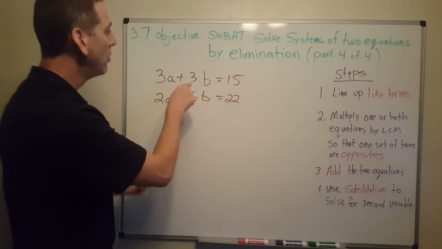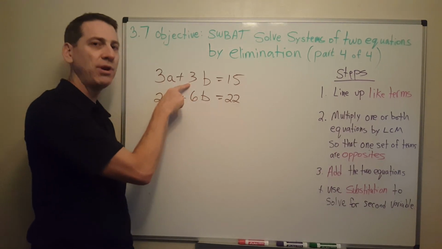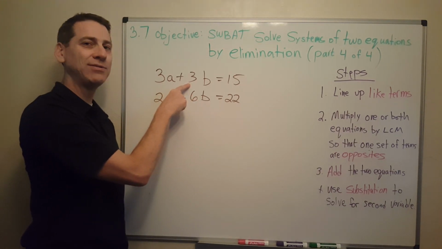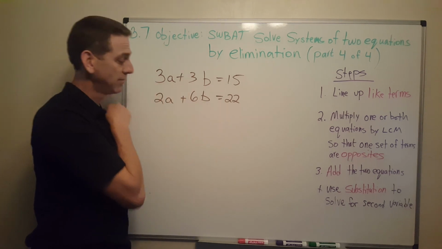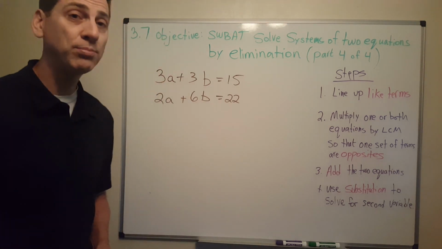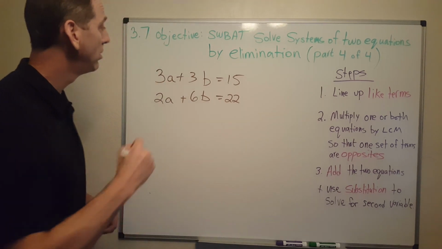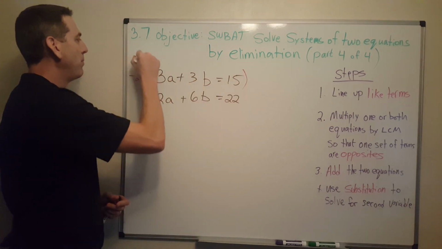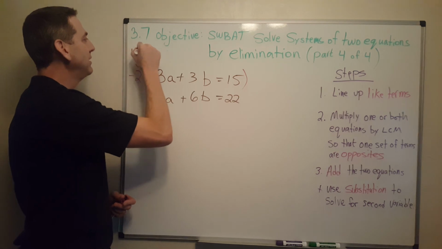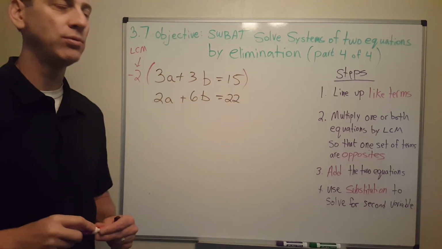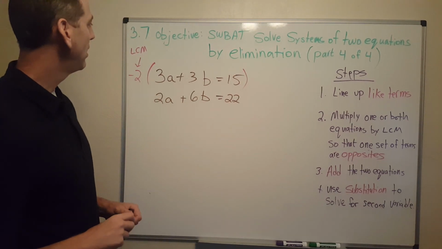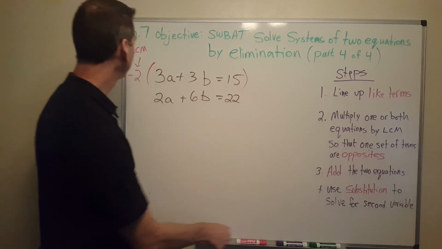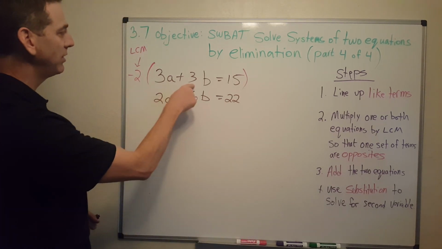What number would I multiply 3 by in order to get a -6? Well, I just multiply by -2. Right? So I'm going to multiply this whole thing by this LCM, least common multiple. Actually, that's not really an LCM because I'm only dealing with one equation.